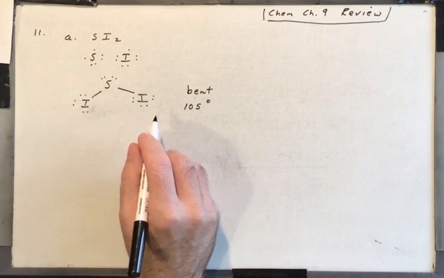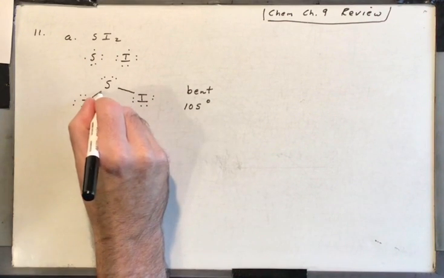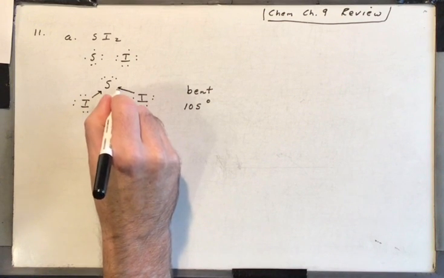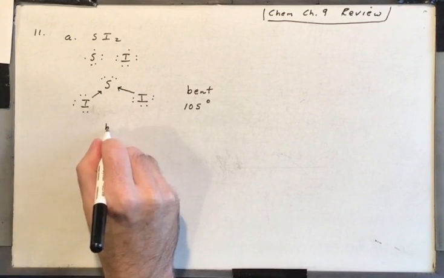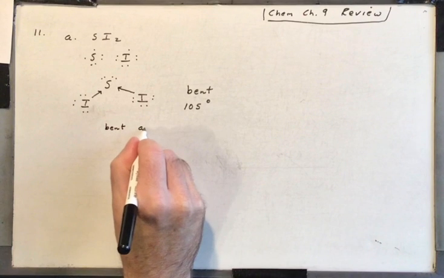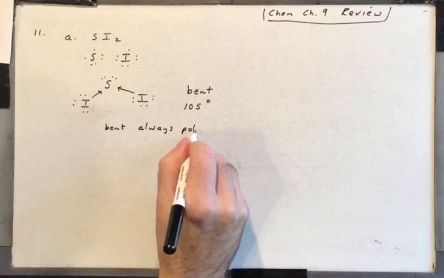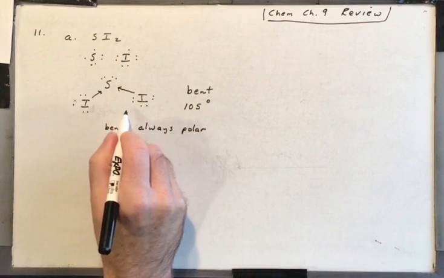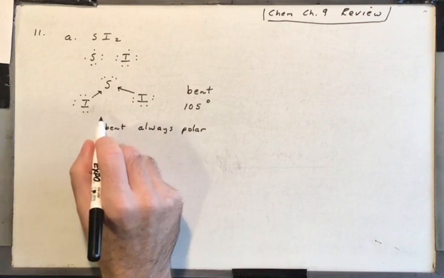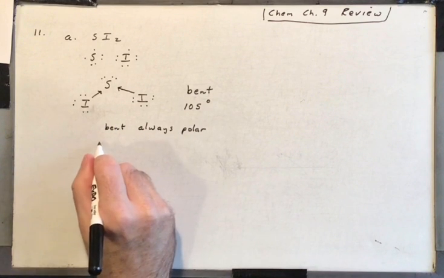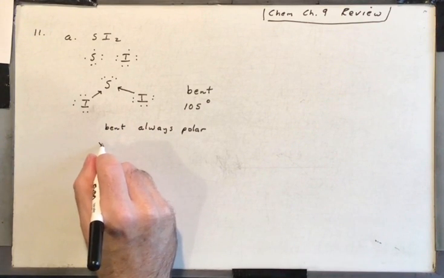I'm not really sure which one is more electronegative, sulfur or iodine. I believe it's sulfur. It doesn't really matter. The bent shape is always polar. The charges don't cancel out. So it will dissolve in water.